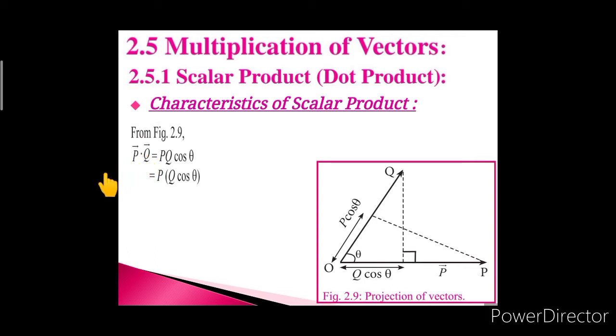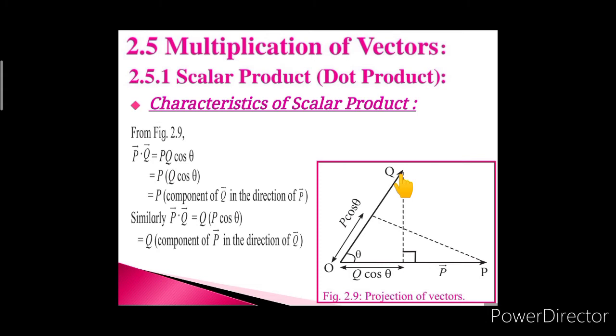Similarly, the same pq cos theta we can write as q into p cos theta, where q is the magnitude of one vector and p cos theta is the component of another vector in the direction of the first vector.